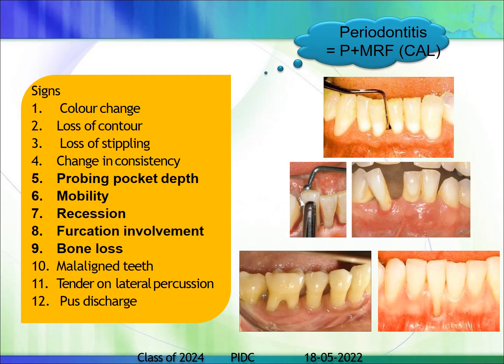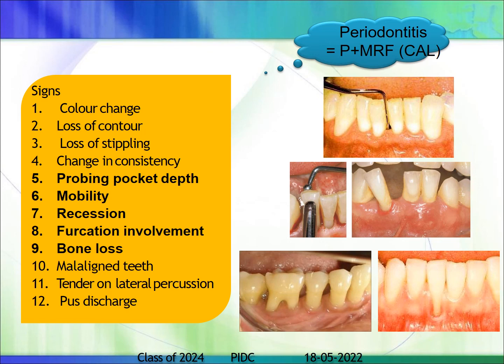So here you can see the 5 to 9. If all this is present in the patient, then you will say the patient has attachment loss, and because of that it is periodontitis. These include color change, loss of contour, stippling, change in consistency, probing pocket depth, mobility, recession, percussion involvement, bone loss, malaligned teeth, tenderness on lateral percussion, and pus discharge.